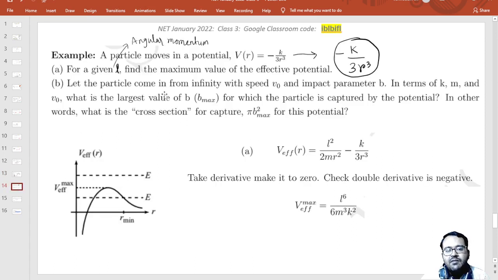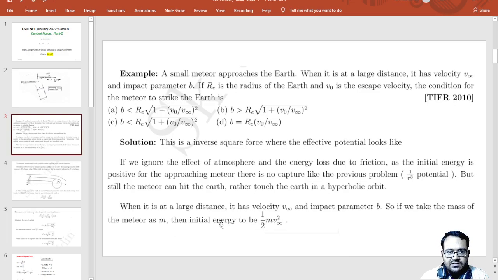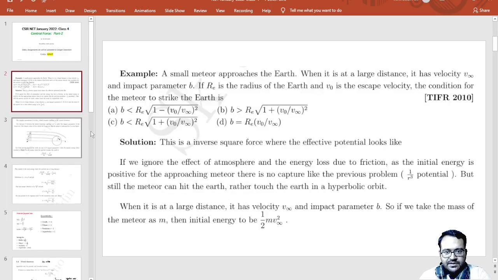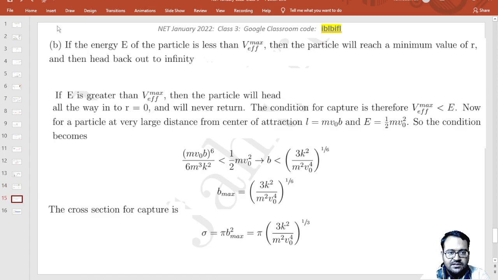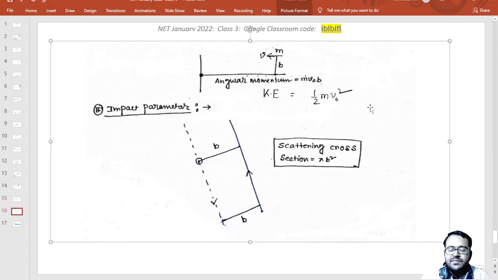Let the particle come in from infinity. It's coming from large R with speed v0 and impact parameter b. What is the impact parameter? Impact parameter is nothing but the distance. So what is an impact parameter?